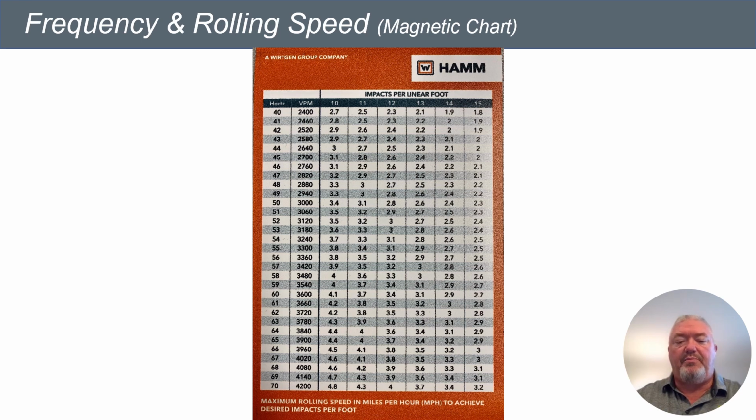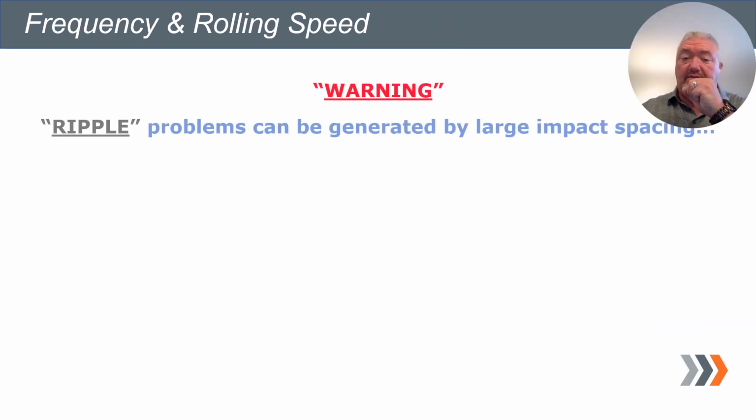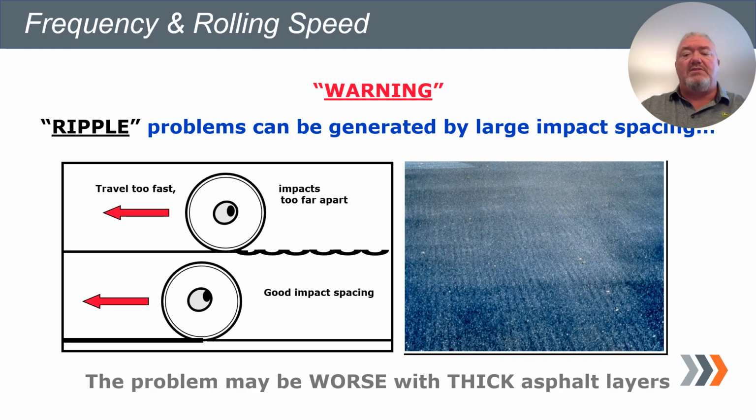The 4000 VPM, 3.8 miles per hour, 12 impacts per foot. So this will fit on any roller. It doesn't matter what make or model because we're only tying it to speed and frequency. It has nothing to do with any other settings on the roller. Because the last thing we want to do is build any kind of bumps or ripples in the mat that's going to affect our rideability or our compaction effort.